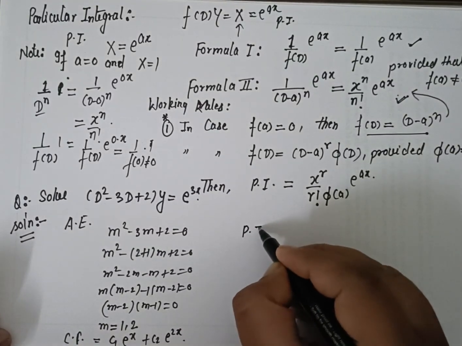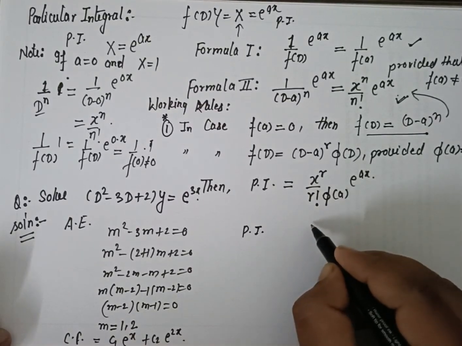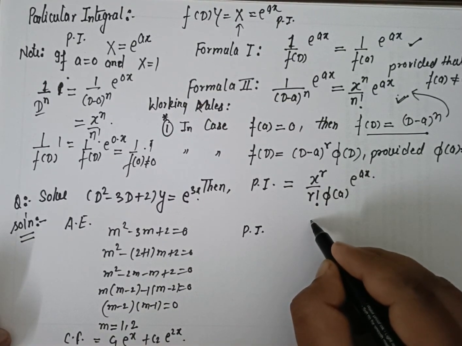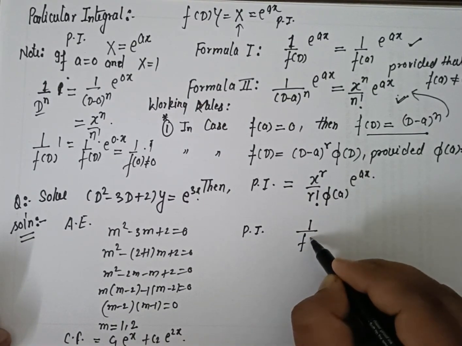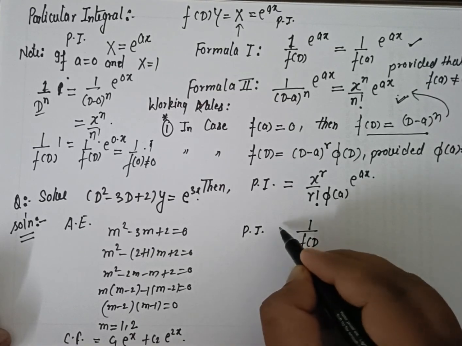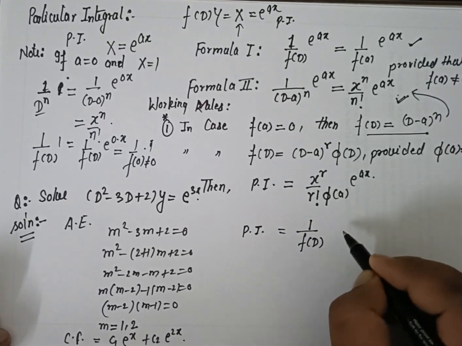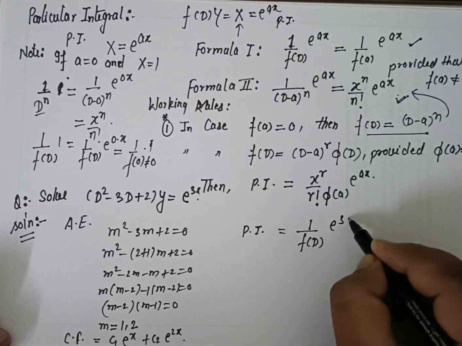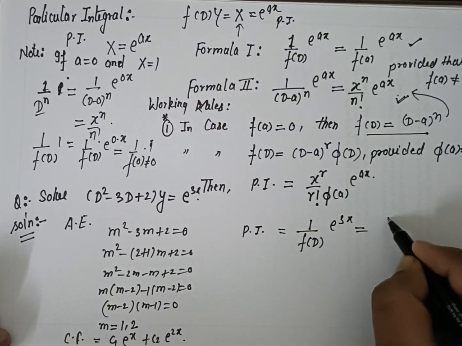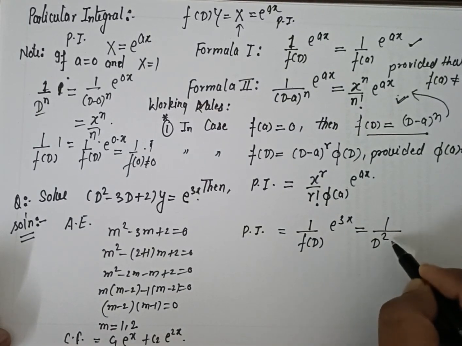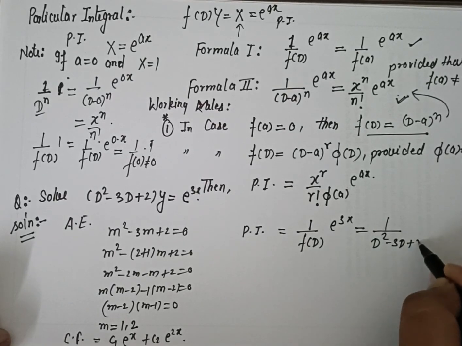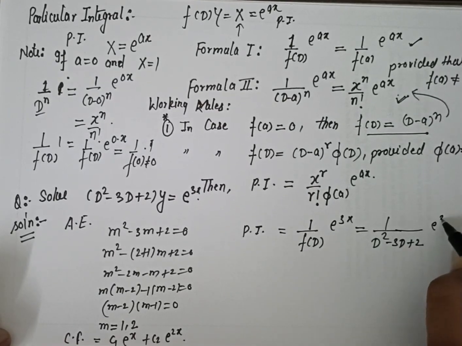Here we need to find the PI. So for the PI you can write 1 upon f(D) times e^(3x). What do you mean by f(D)? That is D² − 3D + 2, acting on e^(3x).